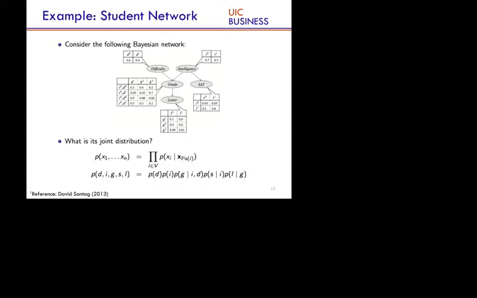Next, the grade node depends on the two parents that it has, so grade conditioned on I and D. Same thing with SAT conditioned on intelligence, and then the probability of letter given the grade. That's the graph. There are directed edges here, so this graph and this joint distribution are related. That's the example student network.